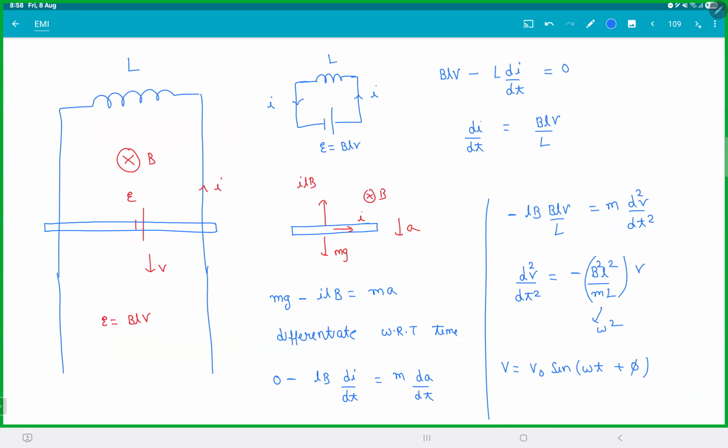How do you find V naught and phi? Have a look at the steps and the equations. So this and this. Once you got the equations, your job's done actually.